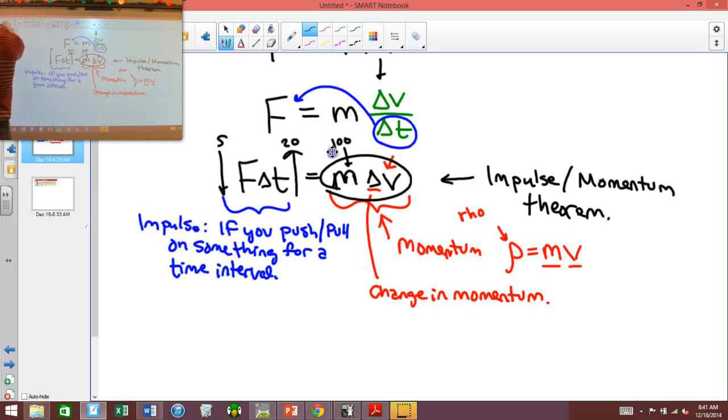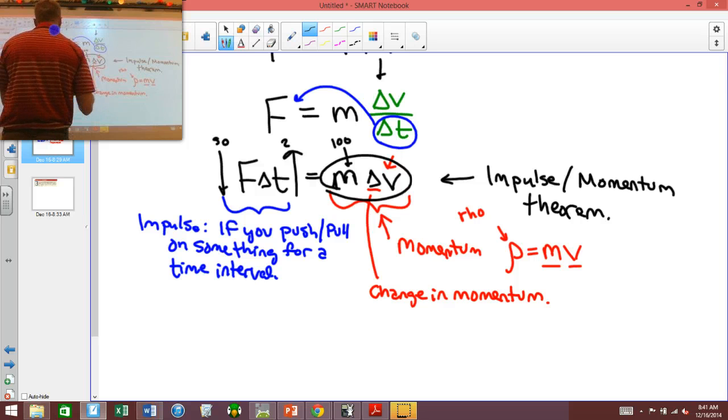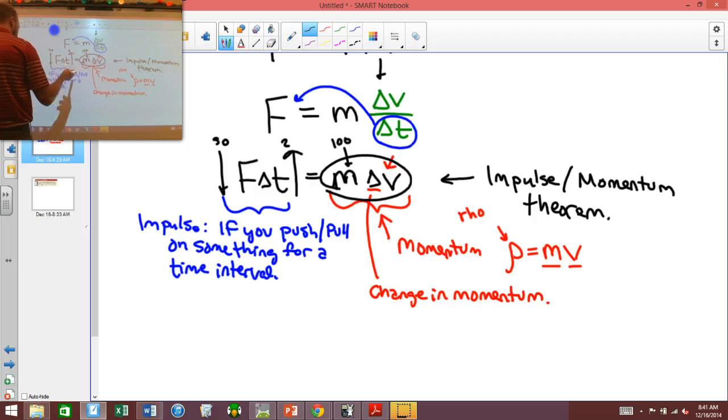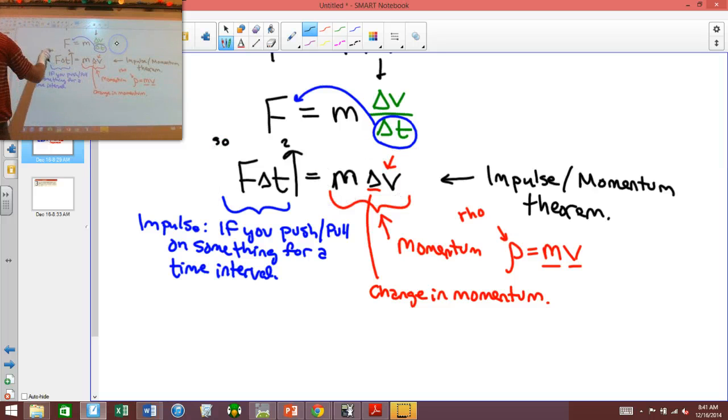Or on the converse of that, if you only exerted it for 2 seconds, then you get 50 newtons of force. So the force and time are very important. The longer that you exert the force, the less force that you need to have the same change in momentum. We call this the impulse momentum theorem.